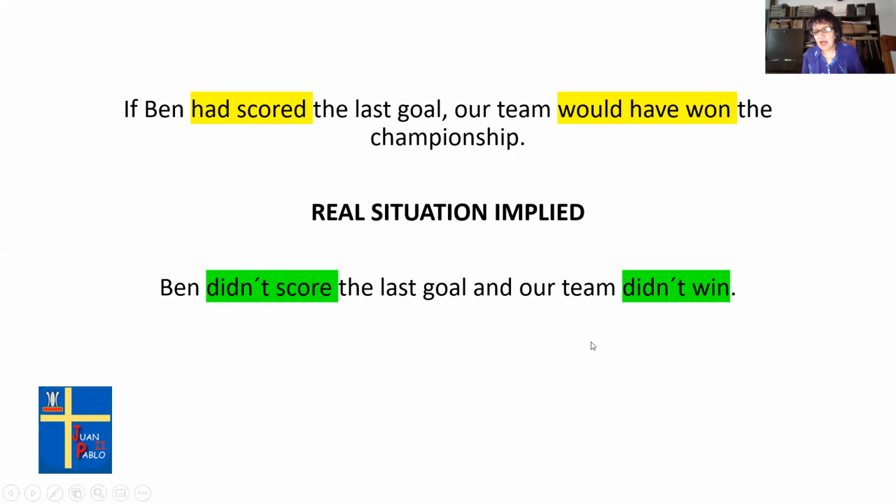What happened? Our team didn't win. So we always have the opposite meaning implied when we speak using the past unreal conditional. That is also called conditional number 3 or third conditional.